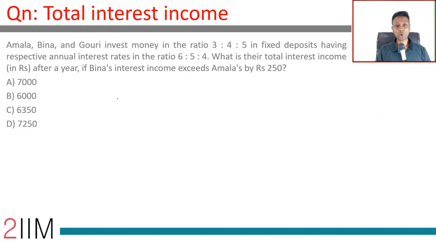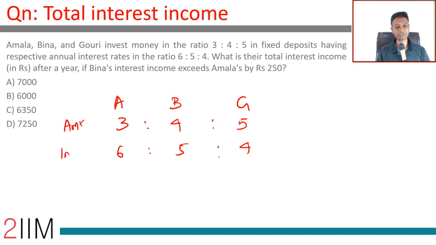Amal, Bina and Gauri, A, B and G, invest money in the ratio 3:4:5 in fixed deposits, having respective annual rates in the ratio 6:5:4. The amount invested is in this ratio, and the interest rates are in this ratio. This is amount, this is interest. What is their total interest income if Bina's interest income exceeds Amala's by 250?